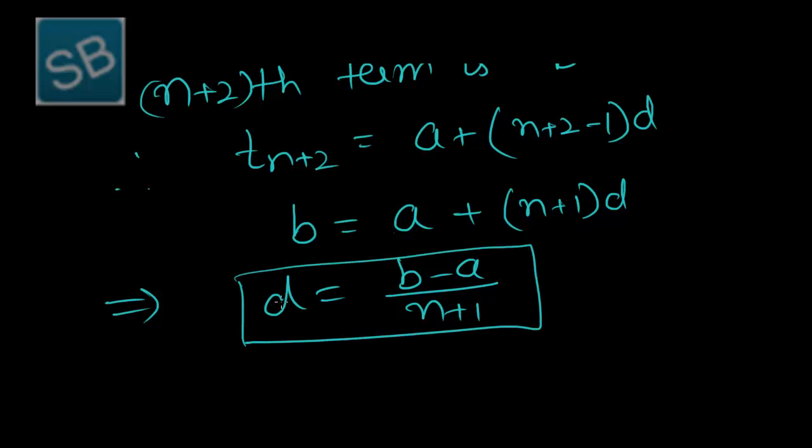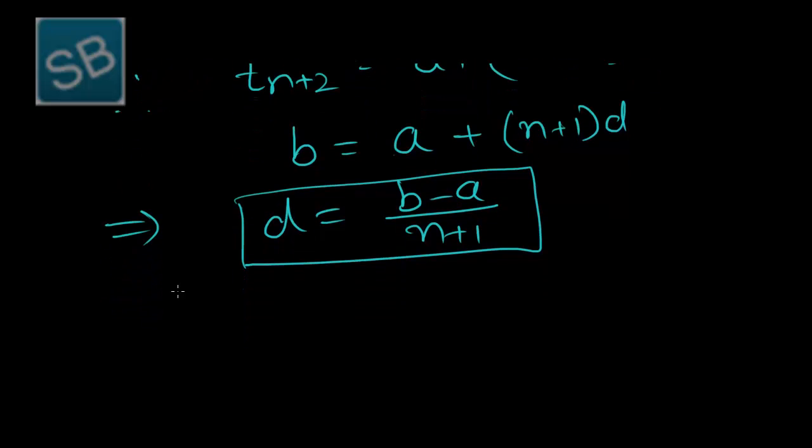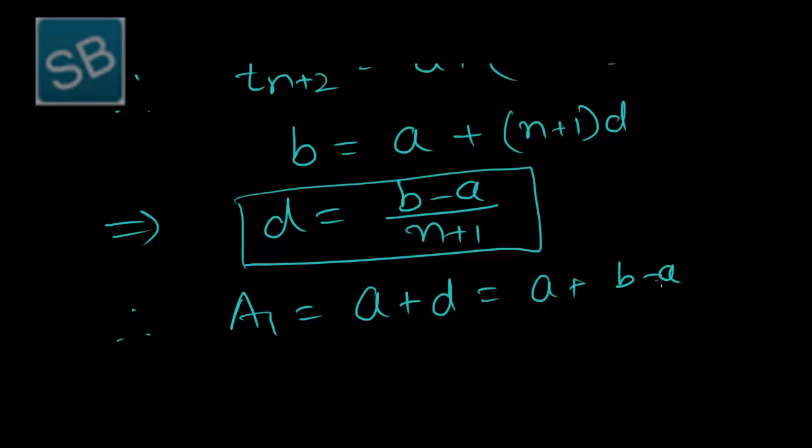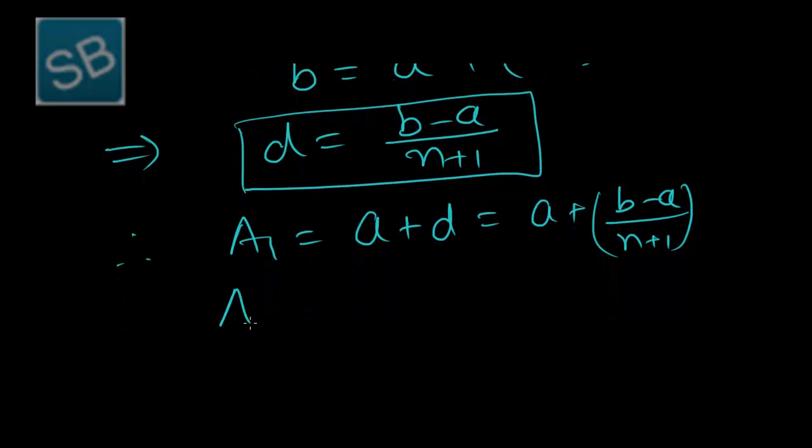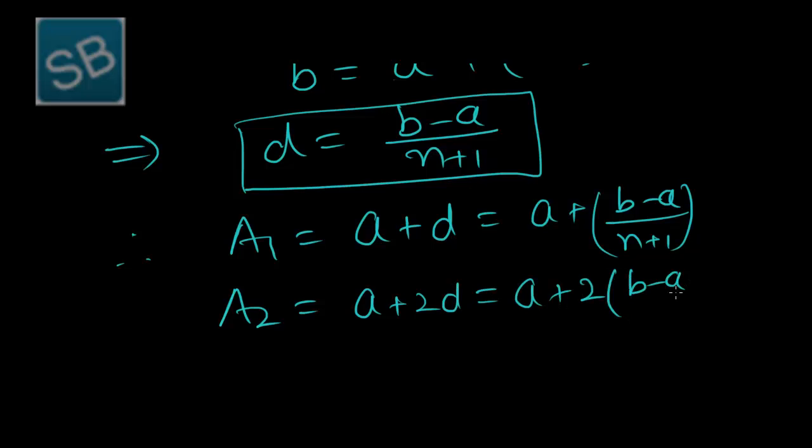As we have the common difference, now we can find the second term, that is A1. A1 is equal to a plus d, that is a plus b minus a over n plus 1. Now we can find A2. A2 is equal to a plus 2 times d, that is a plus 2 times b minus a over n plus 1.